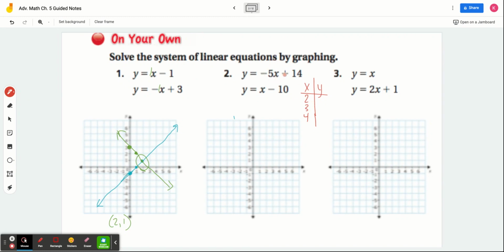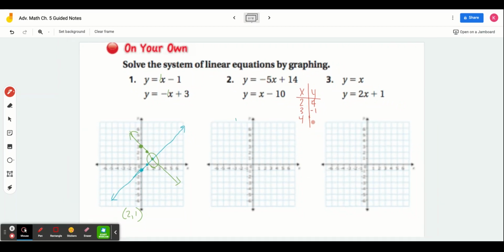When I plug in 2, -5 times 2 is -10, plus 14 is 4. When I plug in 3, -5 times 3 is -15, plus 14 is -1. When I plug in 4, -5 times 4 is -20, plus 14 is -6.